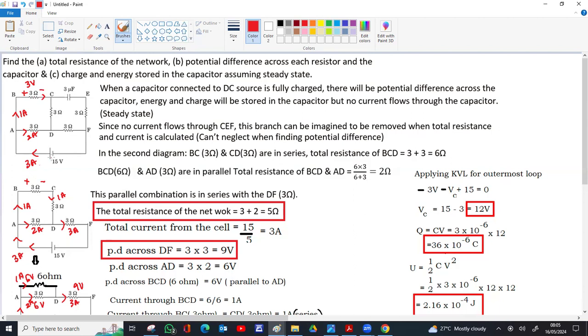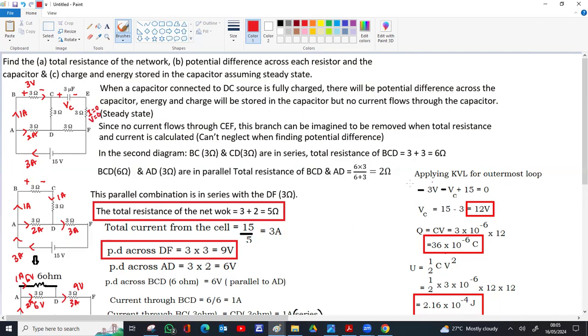For the capacitor, the left side is connected to the positive terminal, this is plus, and the right side to the negative, this is minus. Now the potential difference of the capacitor we don't know, we just mark it as VC and we find it. And here current is 0, so the potential difference is also 0 for that resistance.